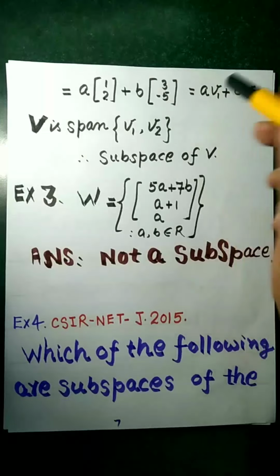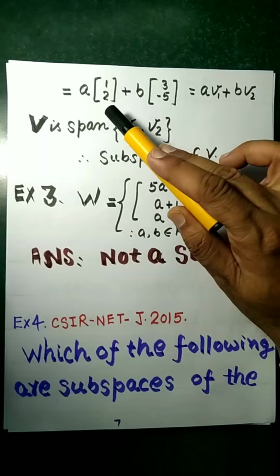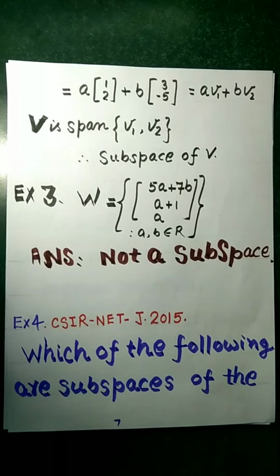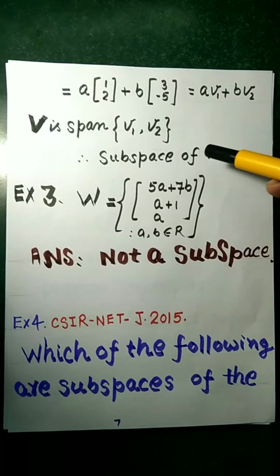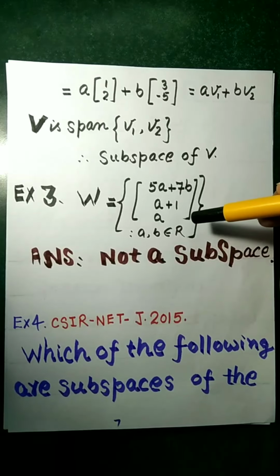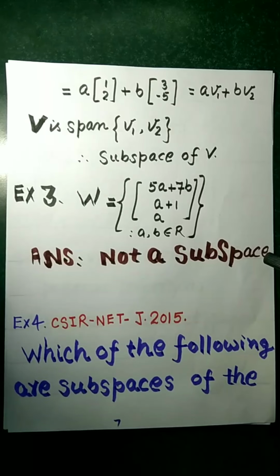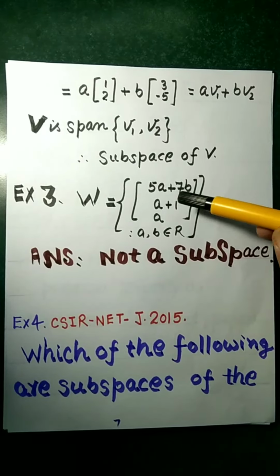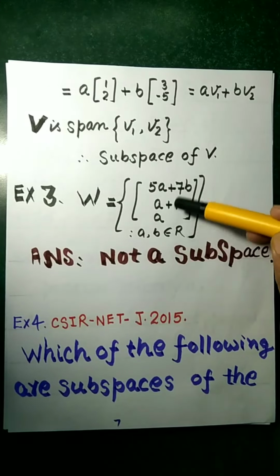This is the linear combination of the vectors. Let us take v1 as this and v2 as this. This is the linear span, so this forms a subspace of V. Again, this is the next question. This is not a subspace because if we put a is 0 and b is 0, then the whole system will not be 0.